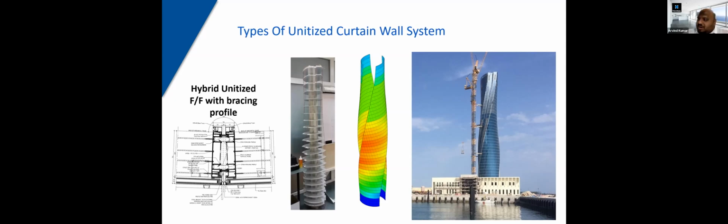But what we have done here is quite interesting. We have done what is called cold bending, where we have taken the concept of the European system, which is female-female, and we've added an interbracing profile. And as the facade is constructed, we are actually bending the panel to take the shape of the facade. We call this cold bending, and it's fantastic and tremendous to know how flexible glass and aluminum is.